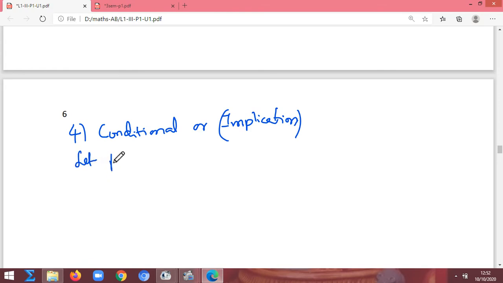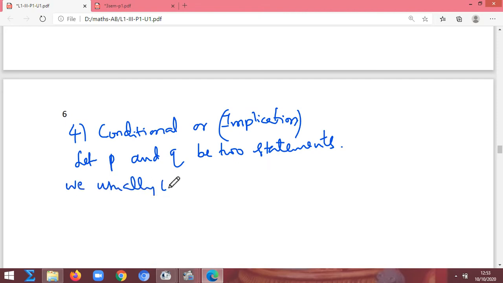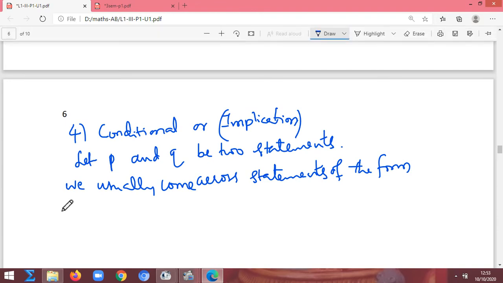Let p and q be two statements. We usually come across statements of the form: if p, then q.